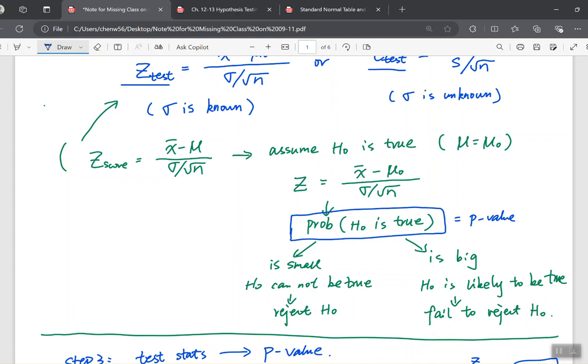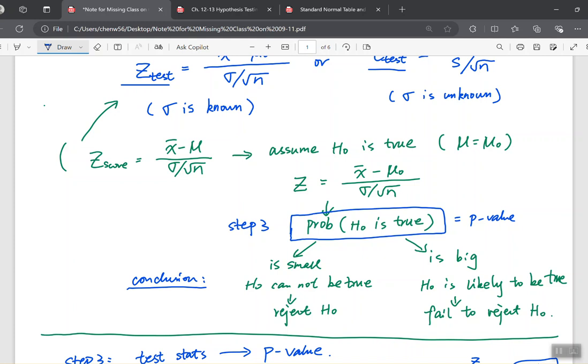That is our step 3. From step 3, we got a p-value, and then next, we want to make our conclusion. Based on what? Based on whether the p-value is small or big, right?